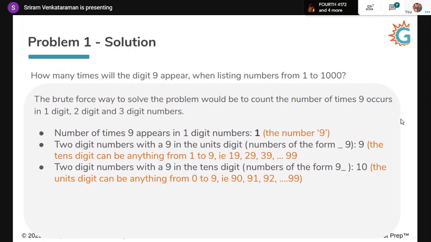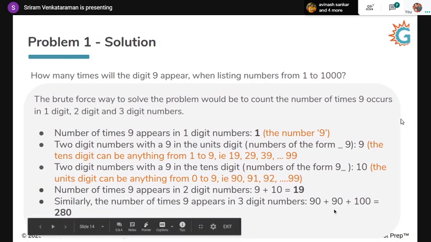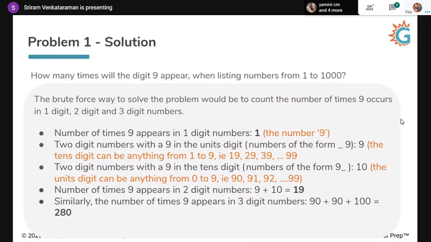So totally, that's 19 times I'm going to write the digit 9 when I'm writing the two digit numbers. And if you were to do this methodically for three digit numbers, you would see that it's actually 90 plus 90 plus 100, numbers of the form 9 blank blank, or blank 9 blank, or blank blank 9.